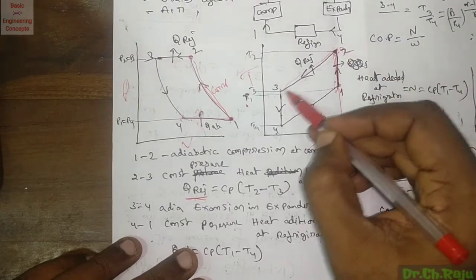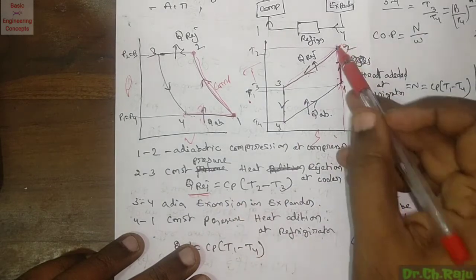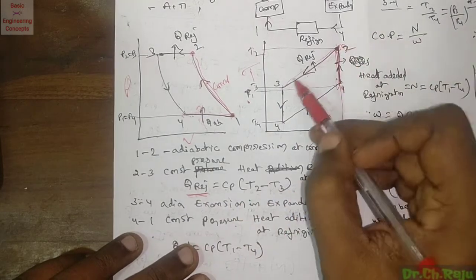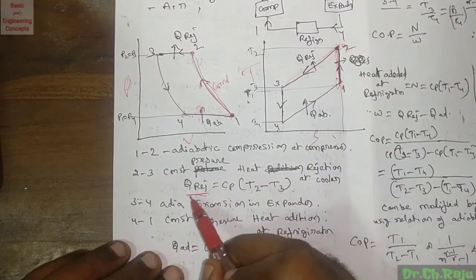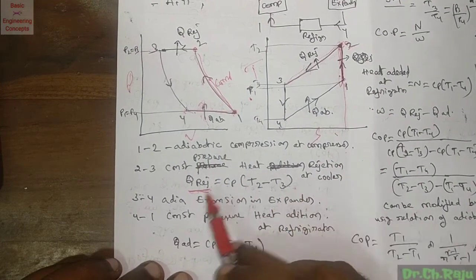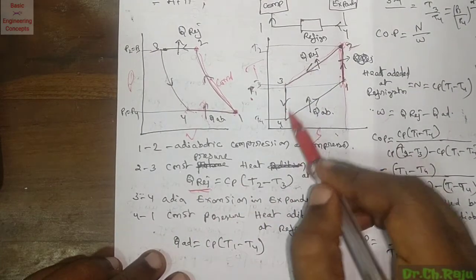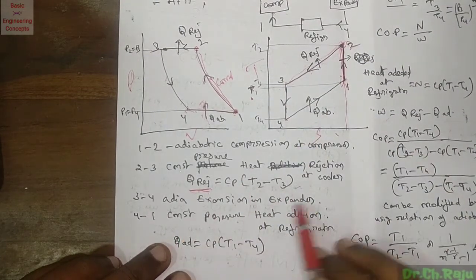The area under 2-3 is called the heat rejected, that is Cp into (T2 minus T3), high temperature minus low temperature. So Q rejected is Cp into (T2 minus T3). This is the heat rejected at high temperature. The next one is 3 to 4, adiabatic expansion in the expander.